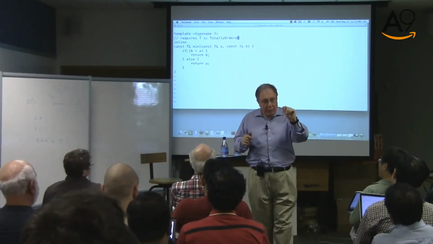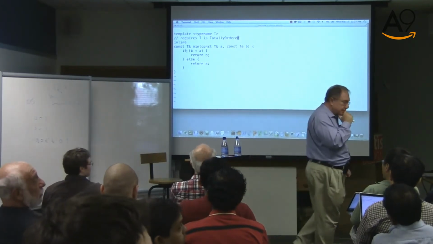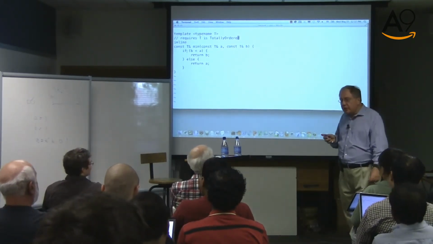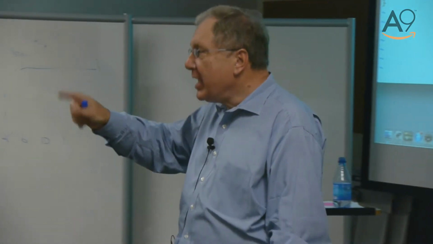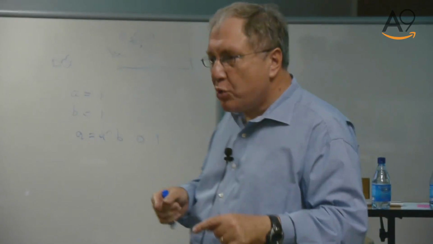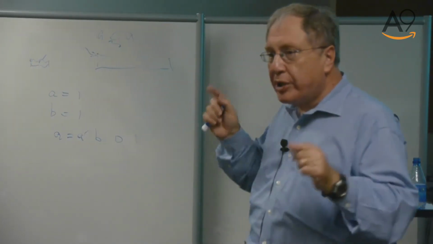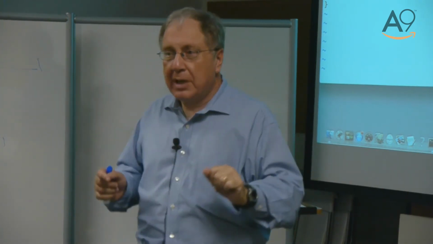So what you want is a partial total order. Well, the term you're looking for is weak. It's not partial. Partial means you couldn't always compare. Weak means you can compare. It's exactly the same as total ordering, but in total ordering, trichotomy says it's greater or less or equal.